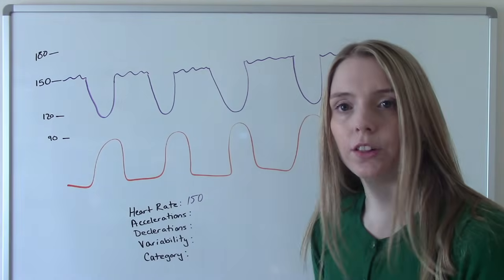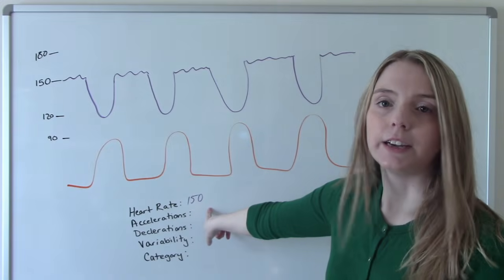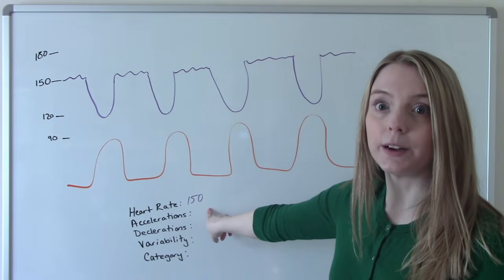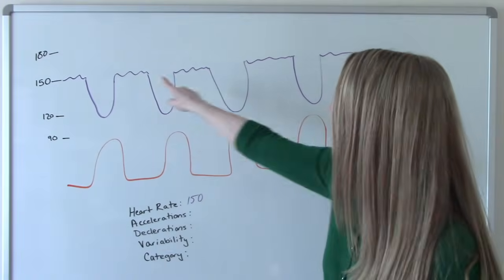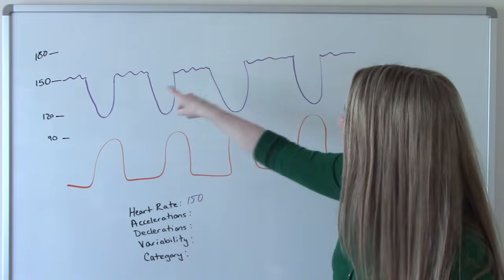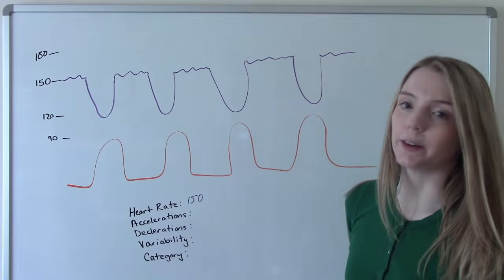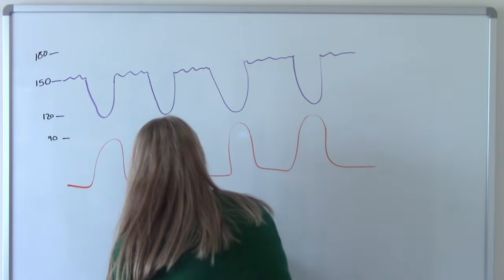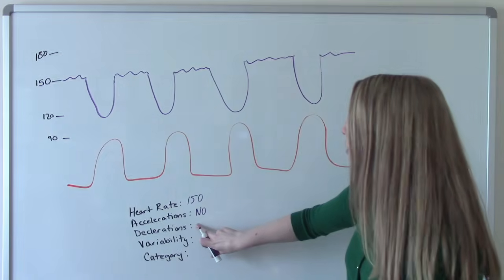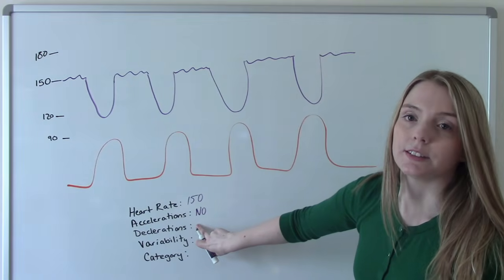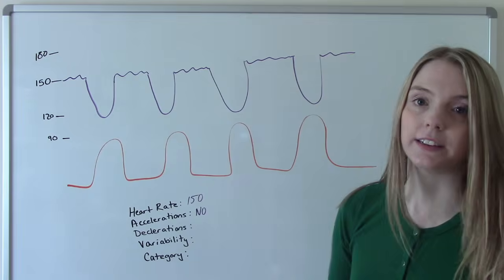The next thing we want to look at, are there any accelerations present? So any increases above baseline? No, that's not really what's going on. We got some wiggles, but we don't have any obvious hills. No accelerations. Are there any decelerations present? So any dips in the heart rate?